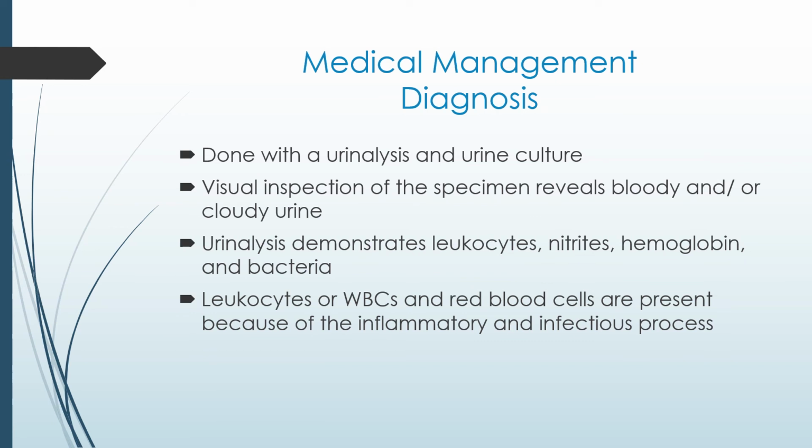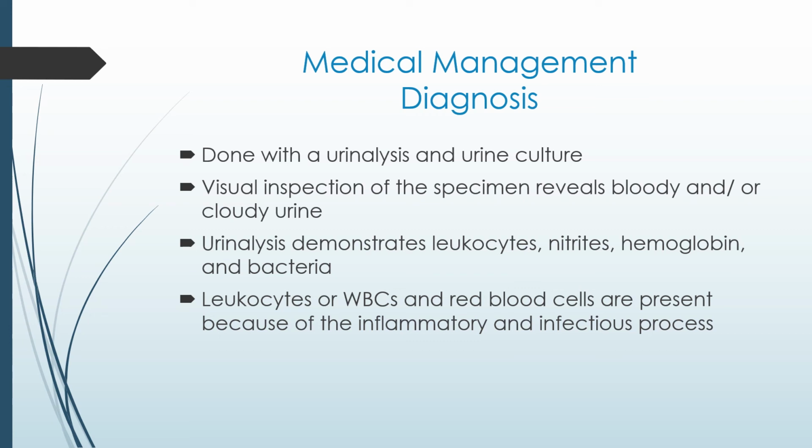So diagnosis is done with a urinalysis and then a urine culture. We are going to do that urinalysis and then that urine culture and sensitivity. Visual inspection of the specimen will reveal bloody and or cloudy urine. Urinalysis will demonstrate leukocytes, nitrites, hemoglobin, and bacteria.